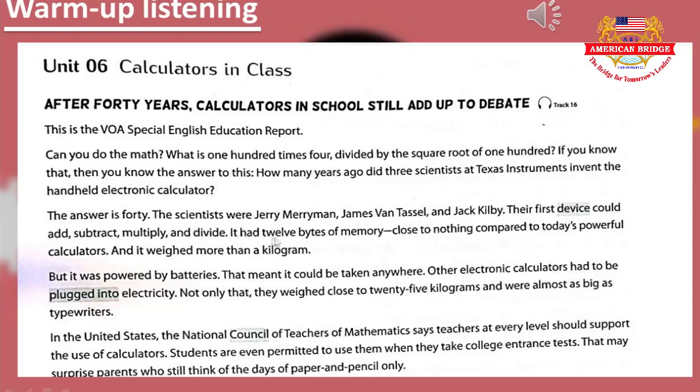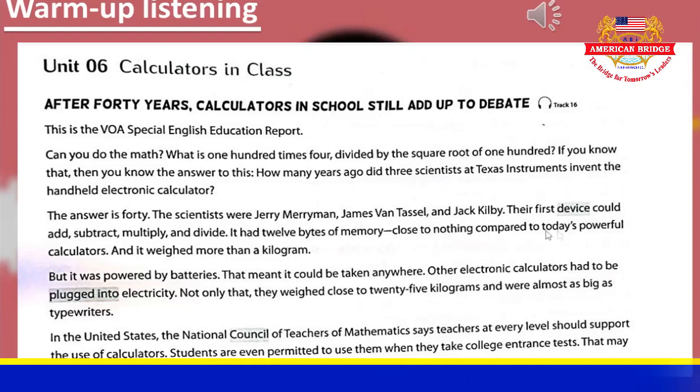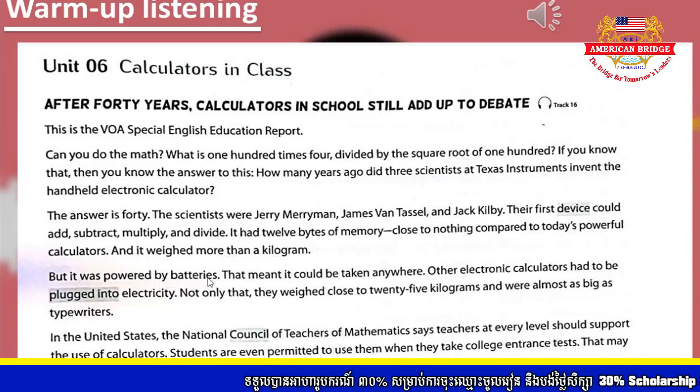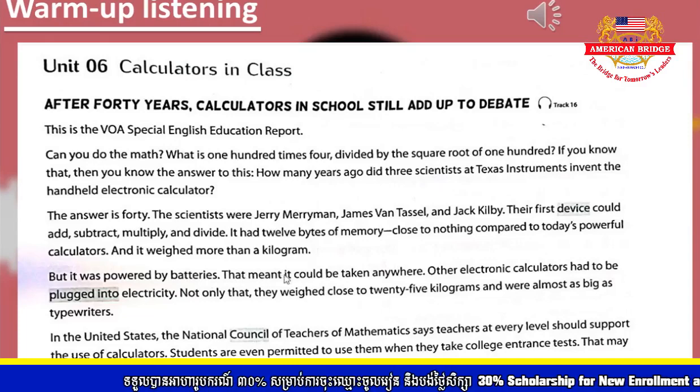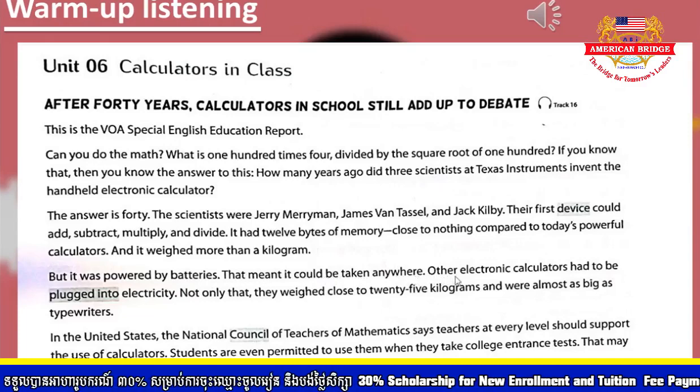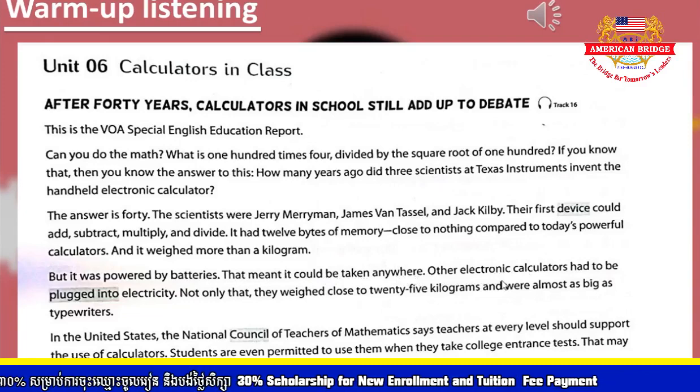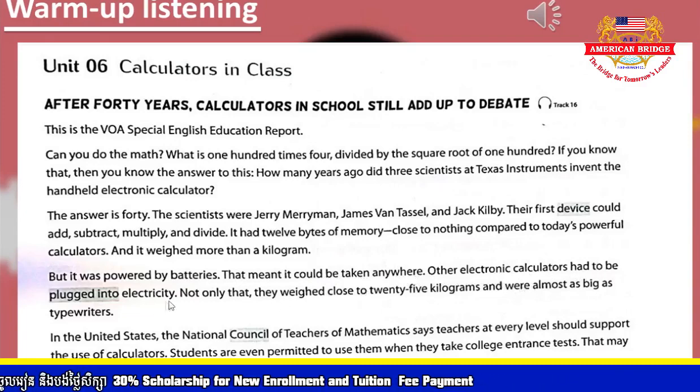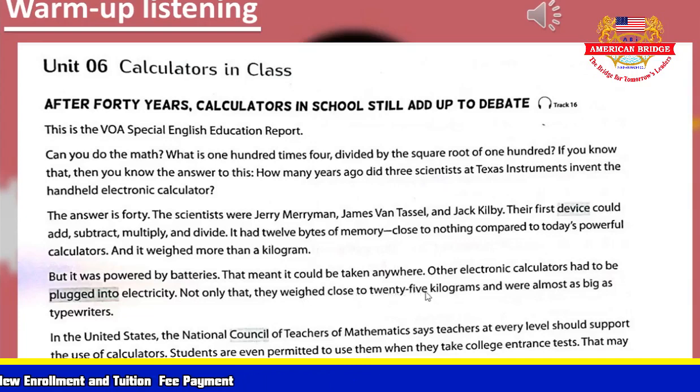It had 12 bytes of memory, close to nothing compared to today's highly powerful calculators, and it weighed more than a kilogram. But it was powered by batteries. That meant it could be taken anywhere. Other electronic calculators had to be plugged into electricity. Not only that, they weighed close to 25 kilograms and were almost as big as typewriters.